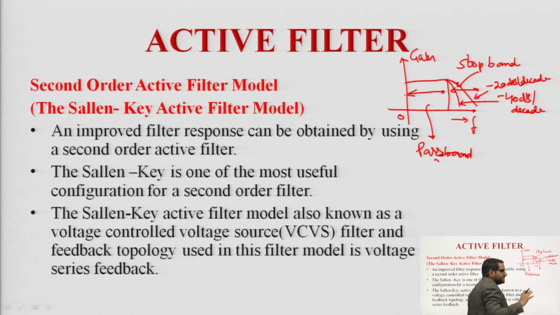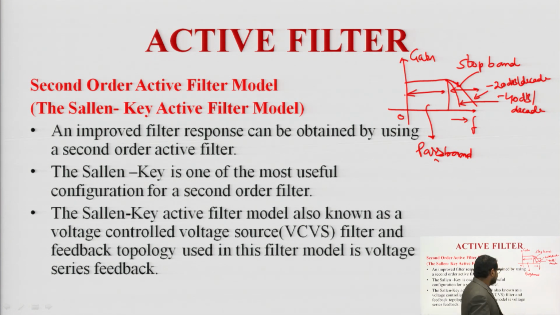So, if you increase the order of the filter, we move closer to the ideal characteristic or ideal frequency response of a filter, but the problem is complexity. We can achieve ideality if we increase the order, but complexity also increases if you jump from low order to high order.